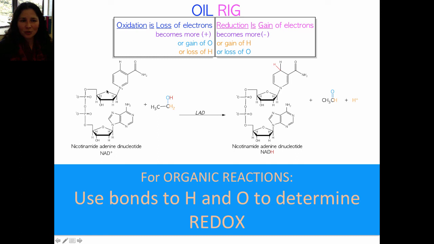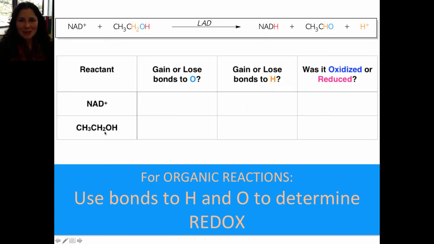Notice in this molecule, I've gained a hydrogen, and in this molecule, I've lost 2 hydrogen atoms, and I've also gained bonds to carbon. Let's fill in the table, and I'm going to use the abbreviation here. The NADH has not gained or lost any bonds to oxygen, so there's been no change here. However, it has gained bonds to hydrogen, so this puts it into the category of reduction, and it's been reduced.